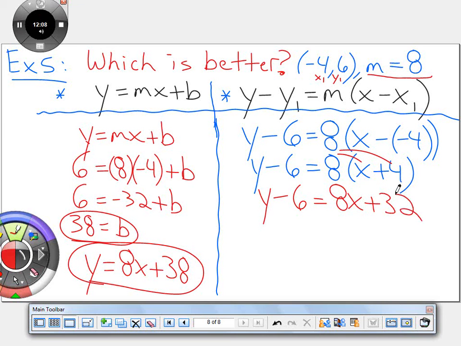Now let's say I really want this to be in slope-intercept form because I kind of want to compare it to the one on the left here. So I'm going to add the 6. So I add the 6.